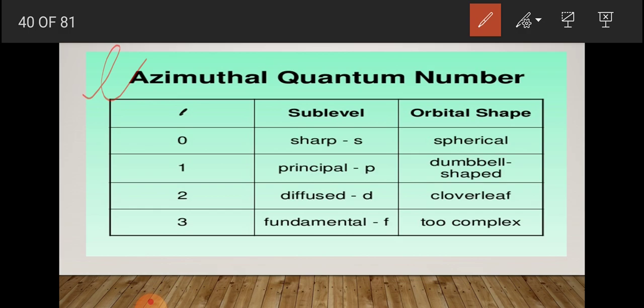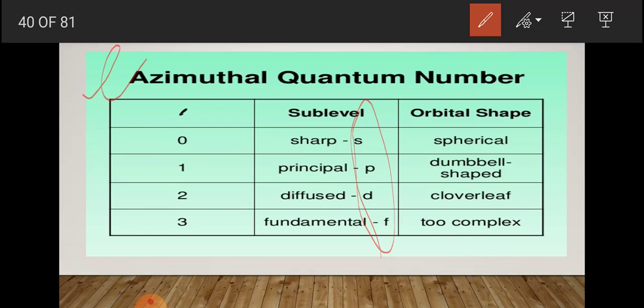Now, before moving on, all the time we will use the term SPDF. But you should know and remember throughout your life that these are short forms.